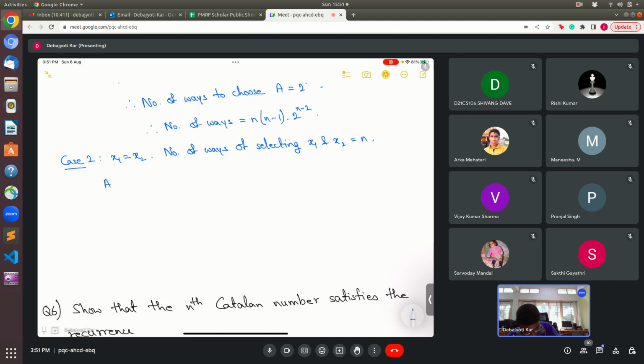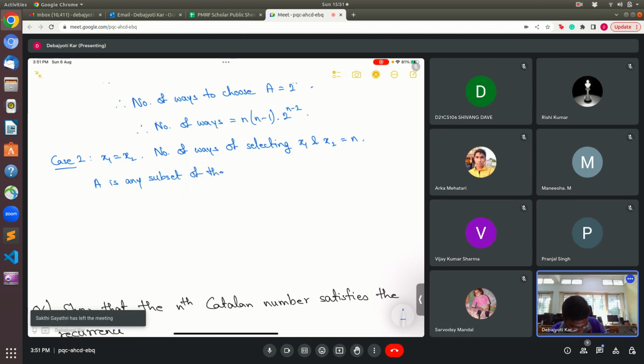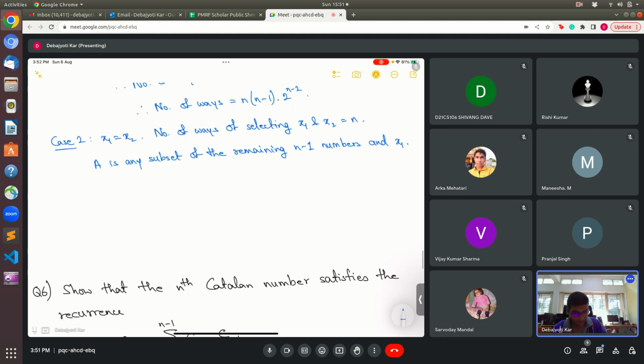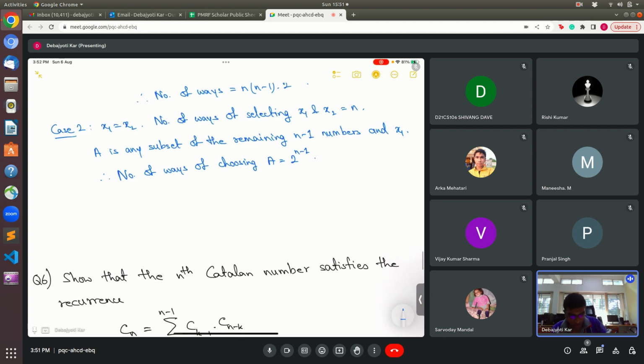So the number of ways of choosing A is 2 to the power n minus 1, the number of subsets of n minus 1 numbers. So in this case, what is the total number of ways?